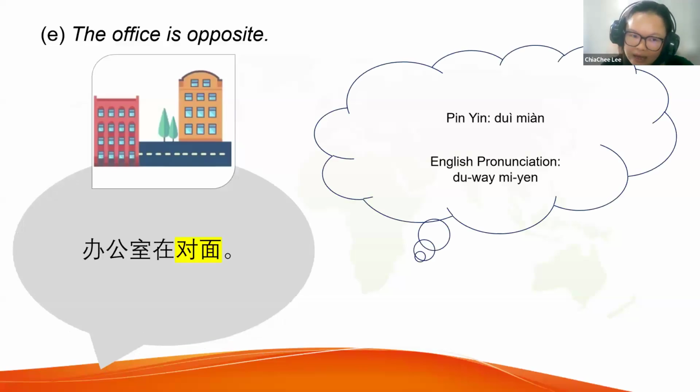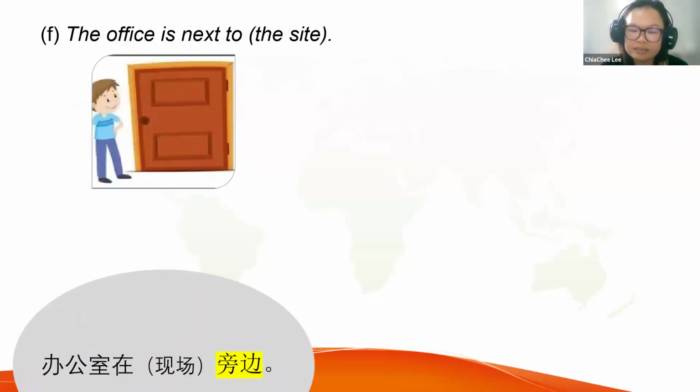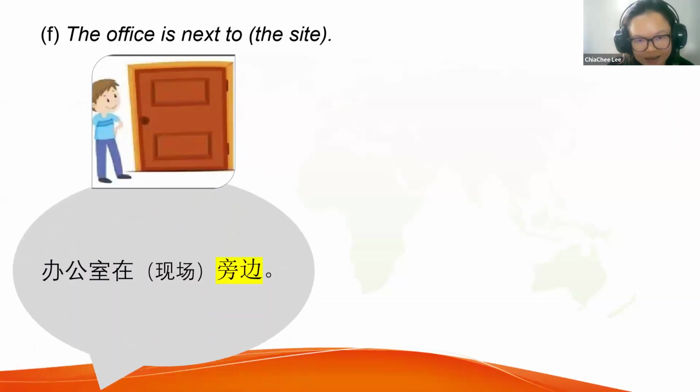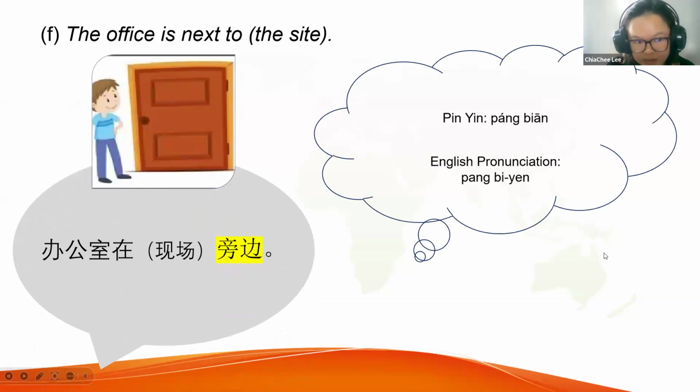There's a gap of road between me and the office. And last but not least, the office is next to the site. Just remember, 现场在办公室旁边. Vice versa, the 办公室 will be 在现场旁边.